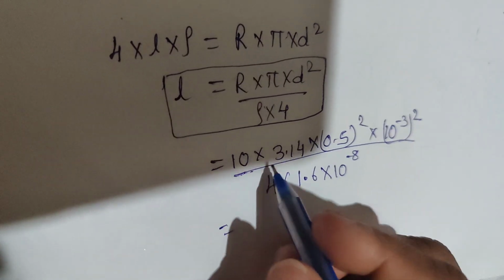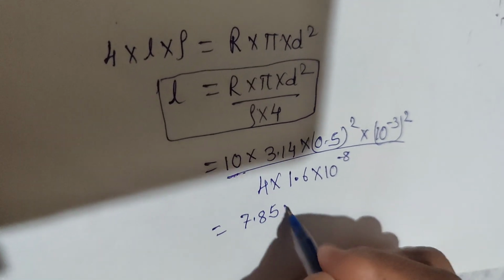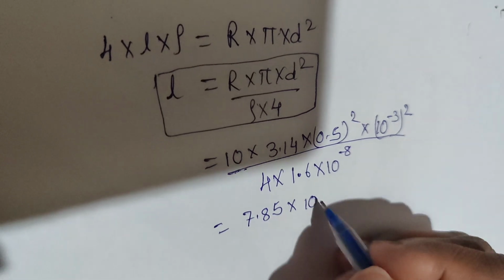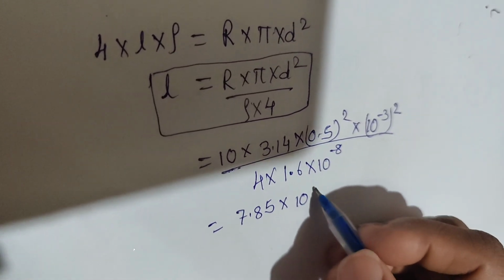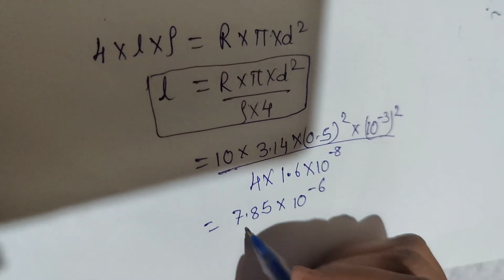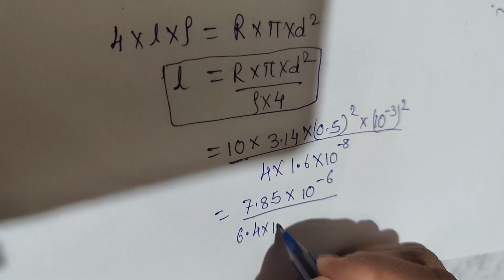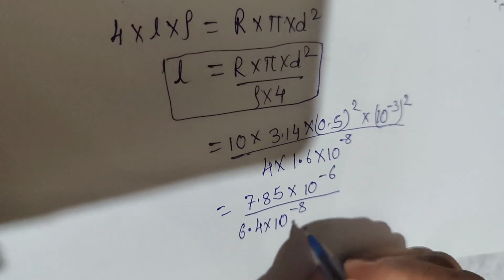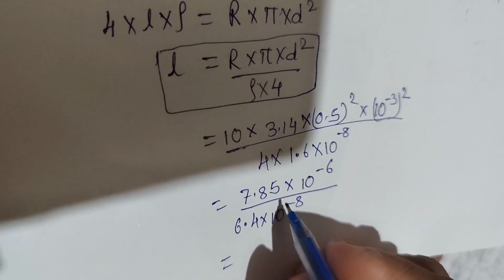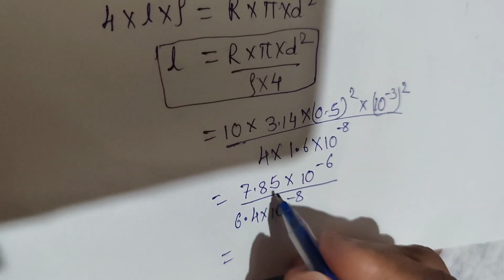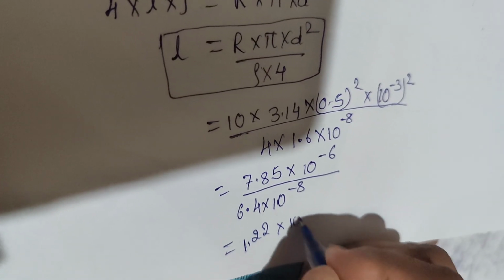Okay, next you calculate this, we will get 7.85 into 10 to the power of minus 6, divided by 6.4 into 10 to the power of minus 8. Okay, now we want to calculate this. 7.85 divided by 6.4, that is equal to 1.22 into 10 to the power of minus 6.